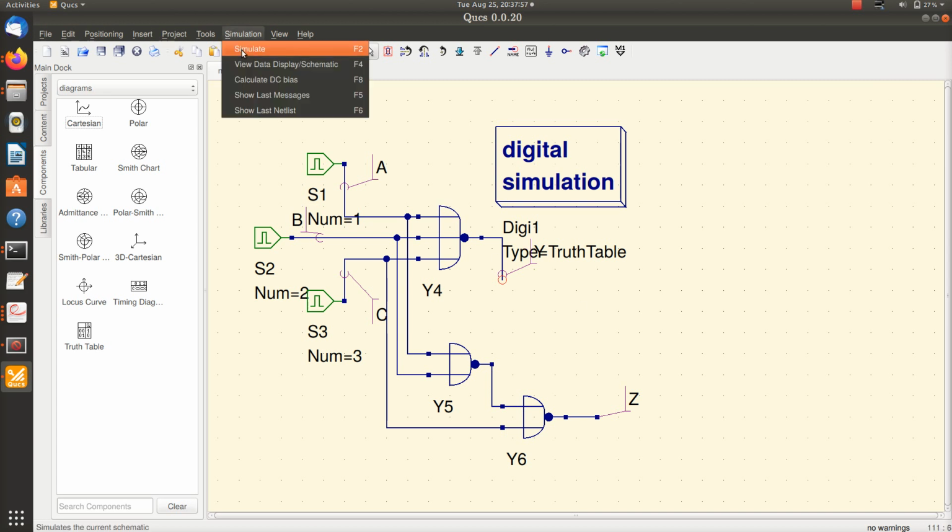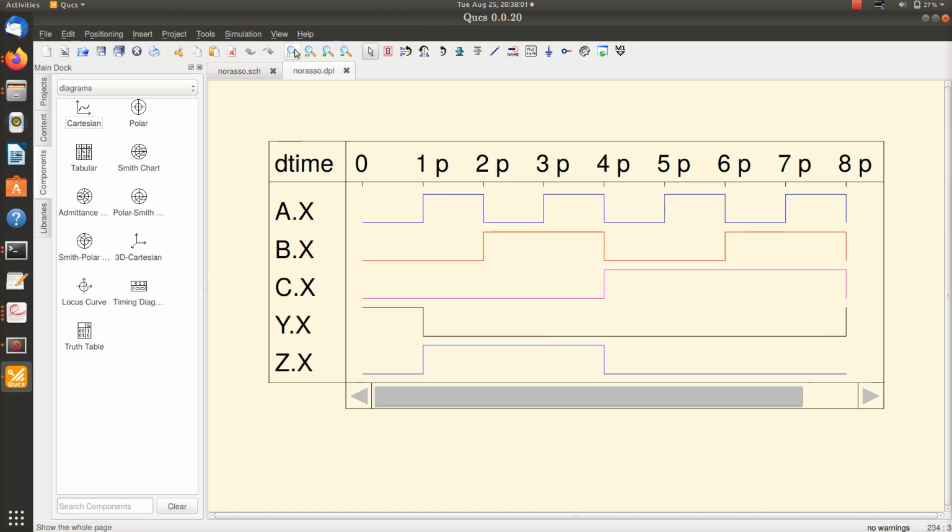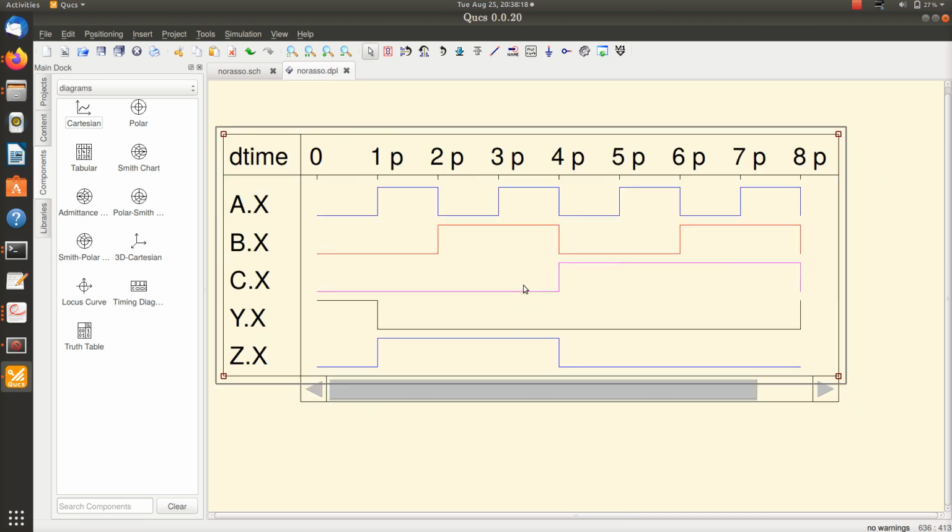So I simulate this. You can see that this Y is a 3-input NOR, because this is high only when all the three inputs are low. This is one place where all the three are low. I will make it a little bigger.